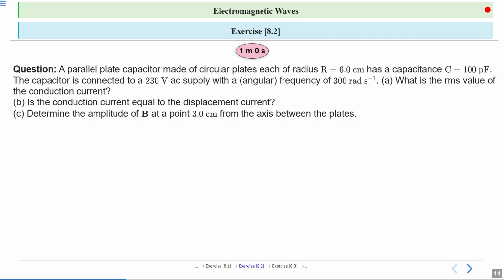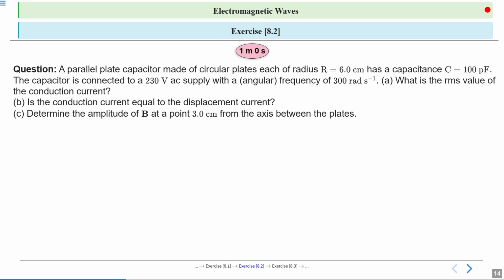The radius of the plate is 6 centimeter. If we consider the area enclosed by these parallel plates, both being circular, the volume enclosed will be cylindrical.